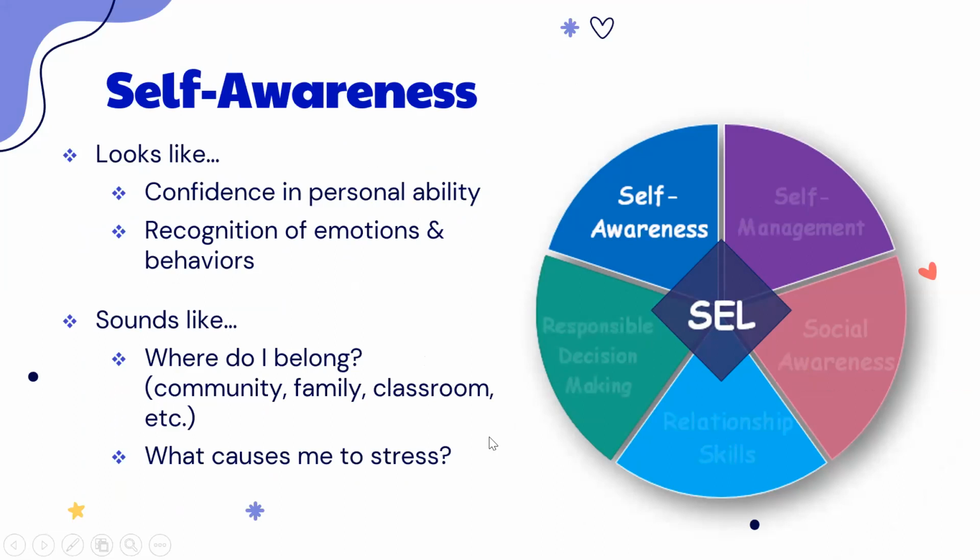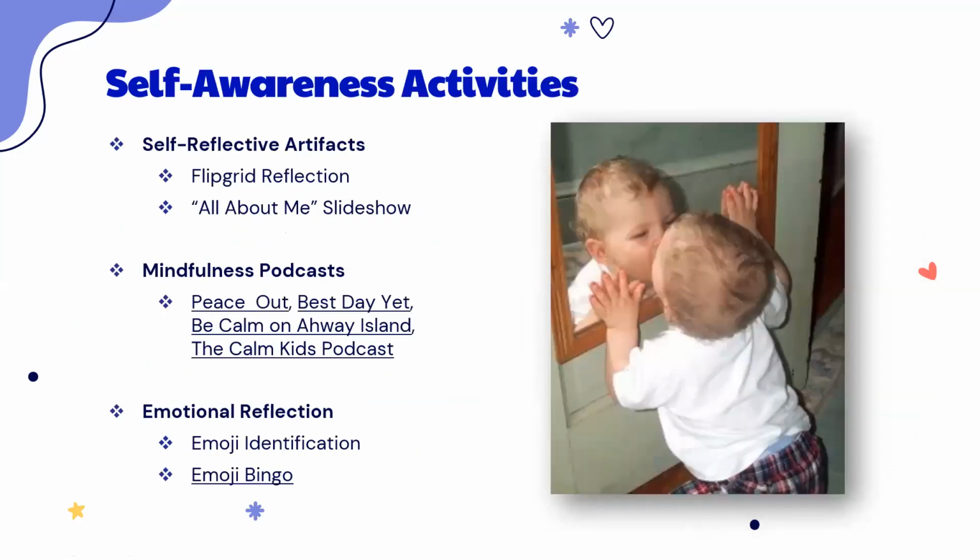For self-awareness, a lot of it is confidence in a person's personal ability in something, recognizing their own emotions and behaviors, so thinking about themselves. It sounds like, where do I belong? So reflecting on one's place. And what causes me stress? So thinking about those stressors that you have around you.